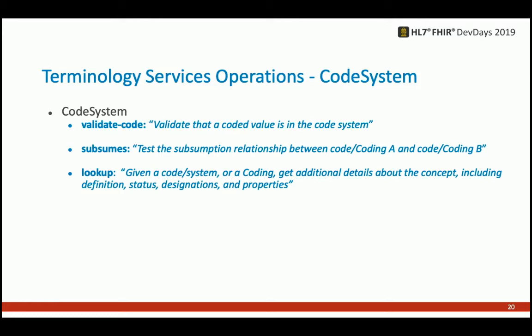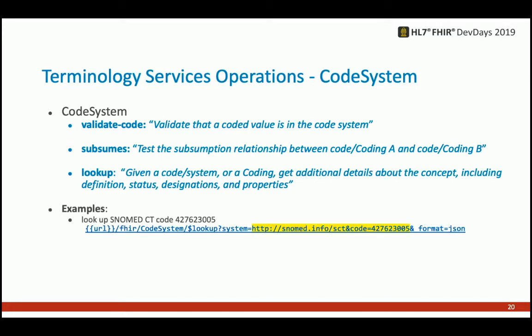As we're all developers here, obviously, we have to give some examples. So I'll show you some examples. Here's an example of how we look up the SNOMED CT code 427. That assumes you have imported the whole SNOMED coding system. Correct.